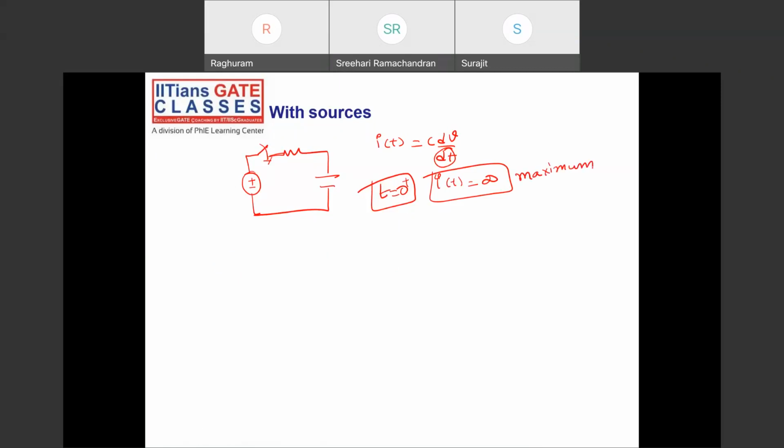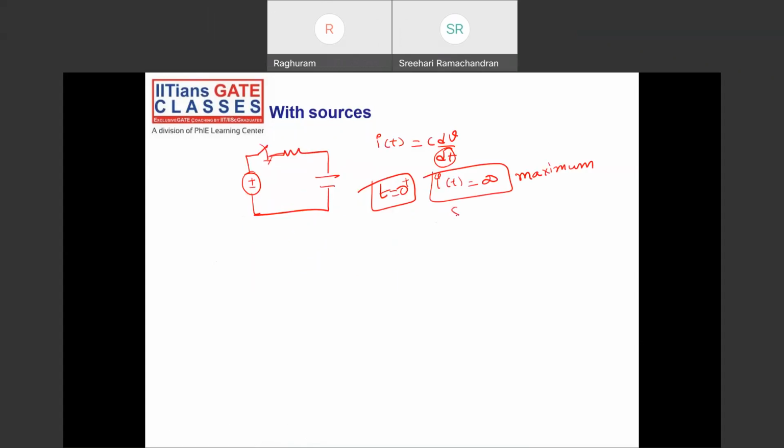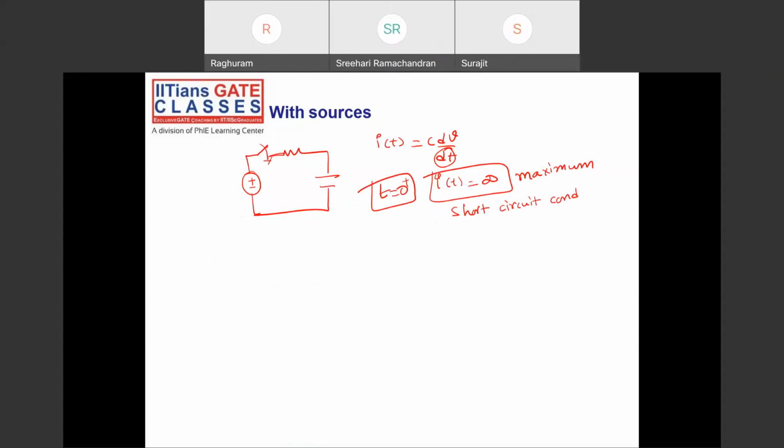When does the maximum current flow? Under short circuit condition. So at t equal to 0 plus, i(t) is infinity, and the maximum current happens at short circuit condition.